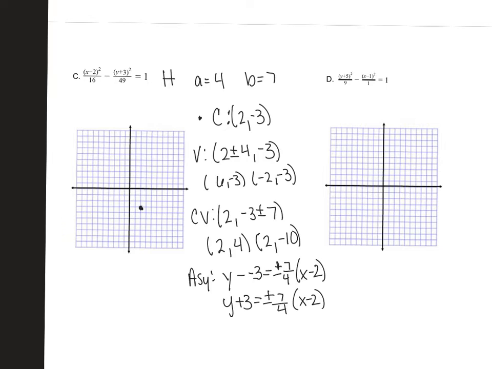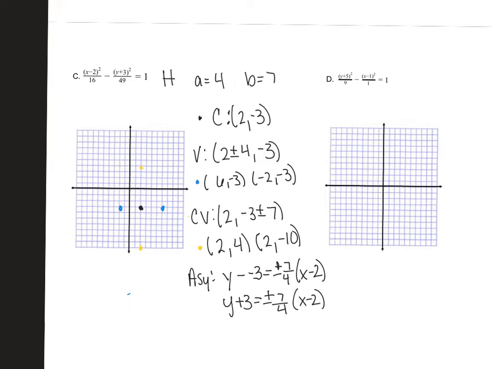Next, let's plot our vertices. My vertices occur at 6, negative 3 and negative 2, negative 3. So that's 2, 3, 4, 5, 6, negative 3, and negative 2, negative 3. My co-vertices are at 2, 4, and 2, negative 10. So 2, 1, 2, 3, 4, and 2, negative 10.